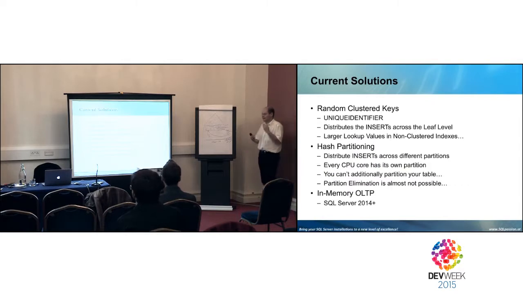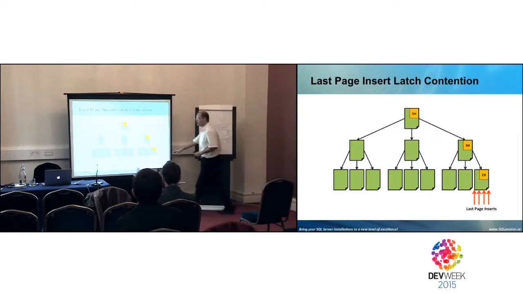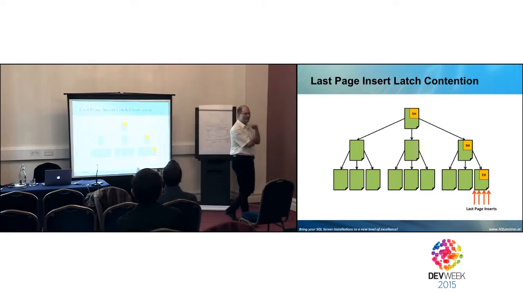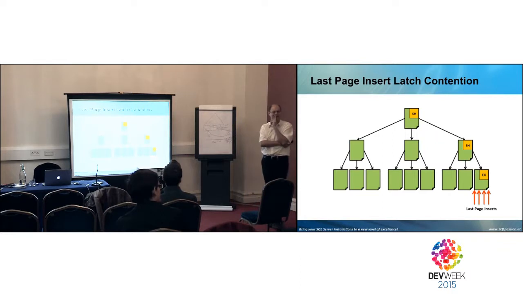We have, again, multiple ways to deal with that specific problem. The easiest way is to spread your inserts across the whole leaf level of the clustered index. How can we spread the inserts across the whole leaf level of the clustered index?